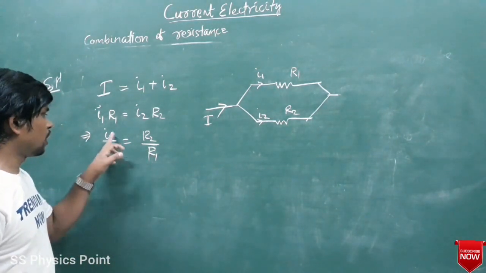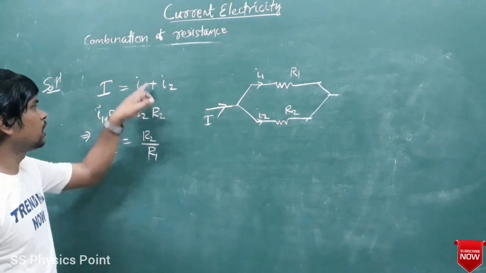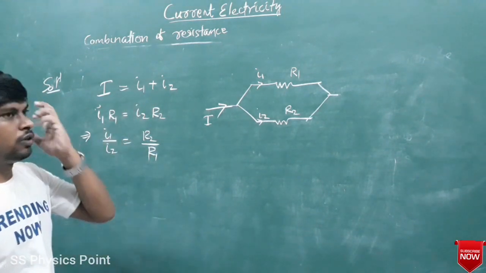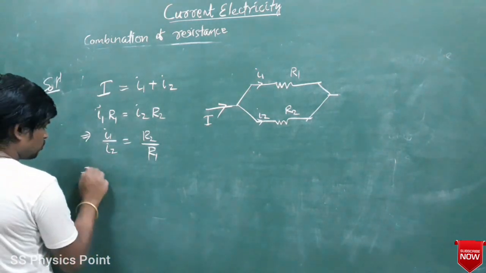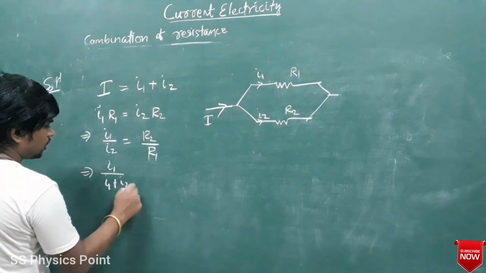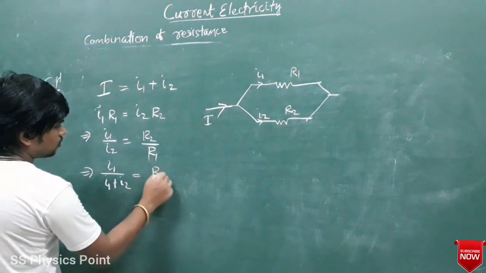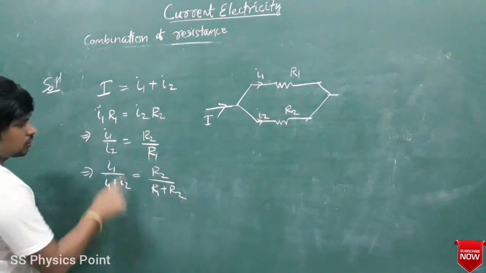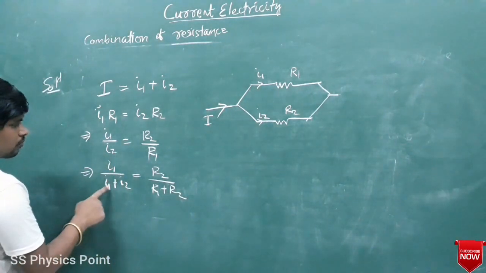Just find the value of I1, ये I2 इधर आ जाएगा, then put here, you will get the value of I1. Then what I am doing in the same way, you know that in 10th class ratio summation we have studied, that is equal to R2 by R1 plus R2.